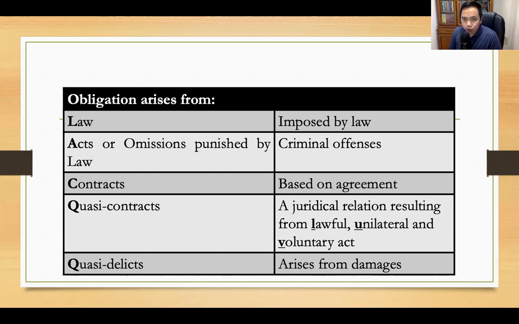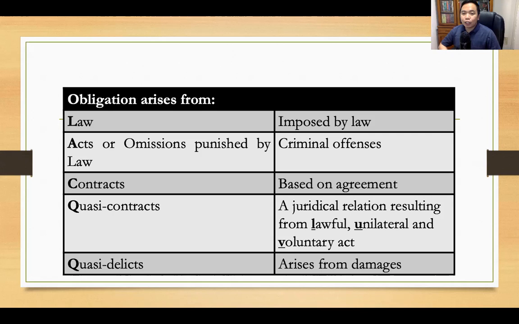In this case, the law will impose an obligation on the owner to reimburse his neighbor who has salvaged the property from being destroyed by flood. So this is what you mean by lawful, unilateral, and voluntary act. It pertains to the act of the neighbor in saving the property from the flood.